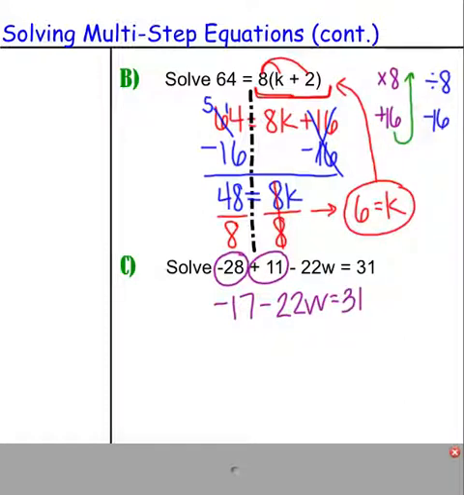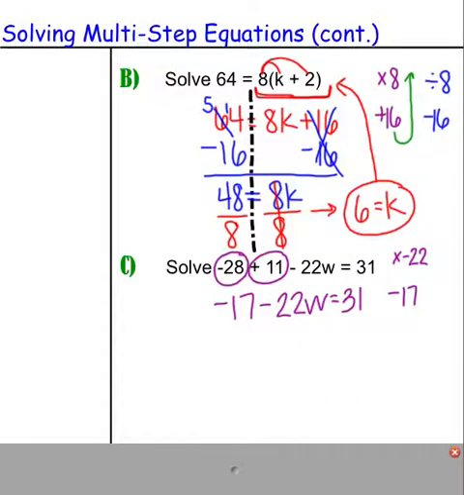Now if I set my plan to build, first I would multiply by negative 22 because the sign in front of the 22 is negative. And then it says minus 17, so I would subtract 17.